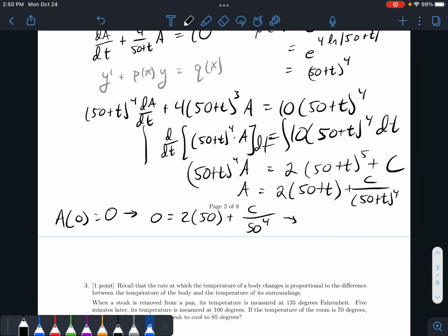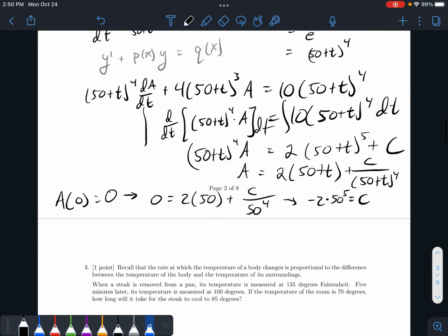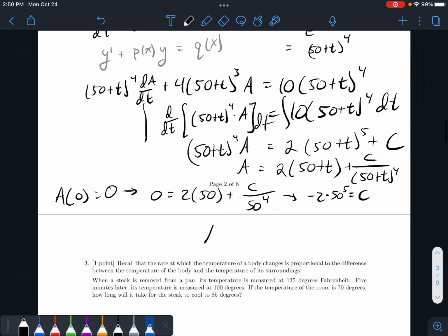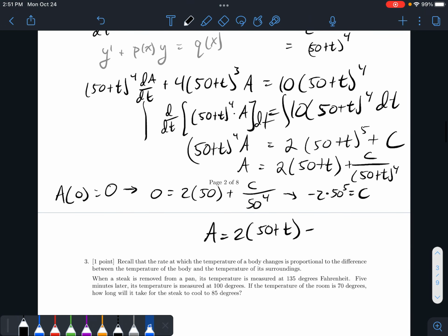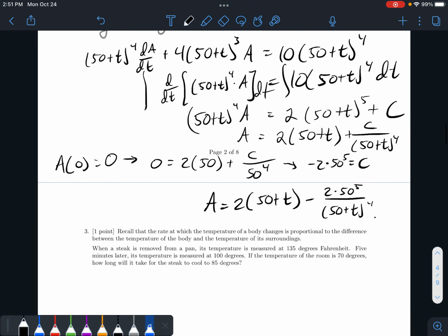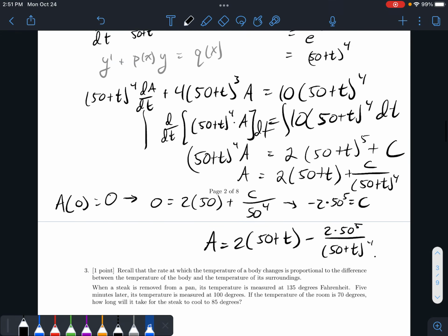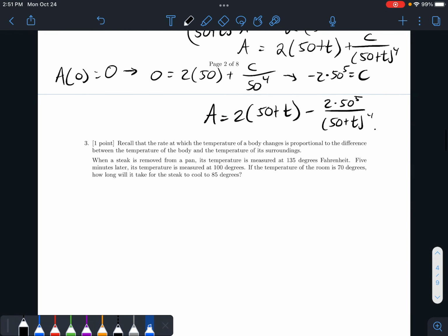And so from there, that'd be negative 2 times 50 to the 5th is equal to C. So you solve for C, this would be your C value, and then A would be equal to 2 times 50 plus t, or I guess it'd be minus 2 times 50 to the 5th over 50 plus t to the 4th. All right, so a little bit long, but that's how you do it.